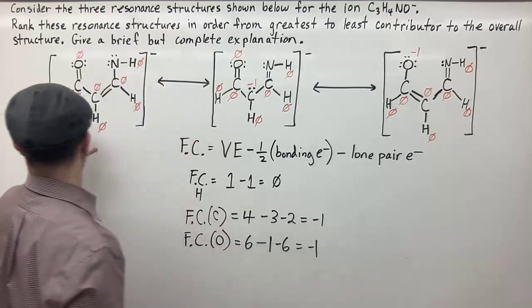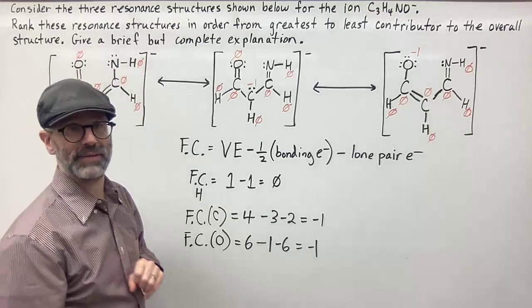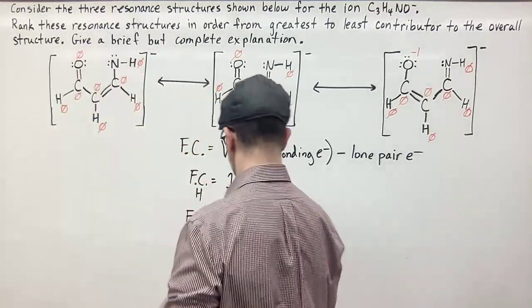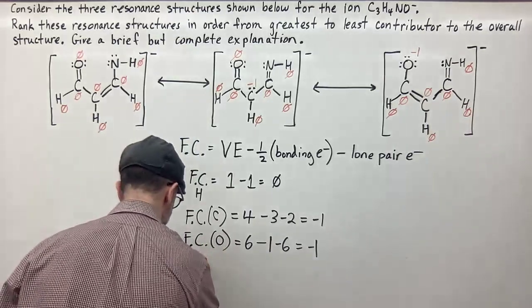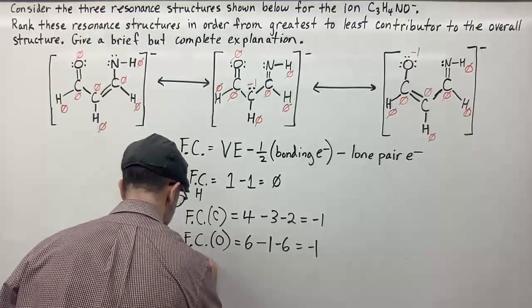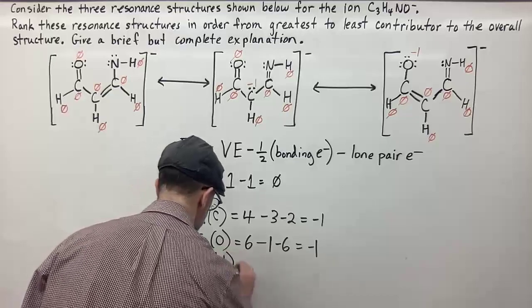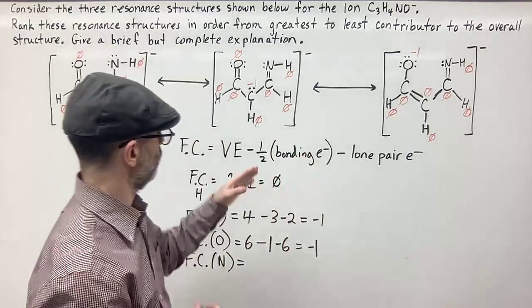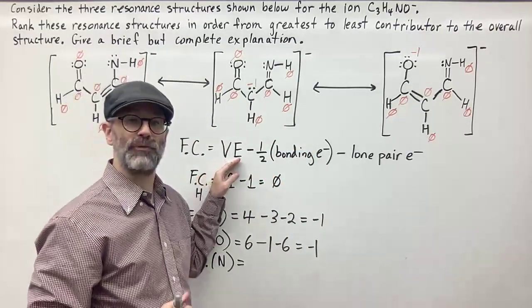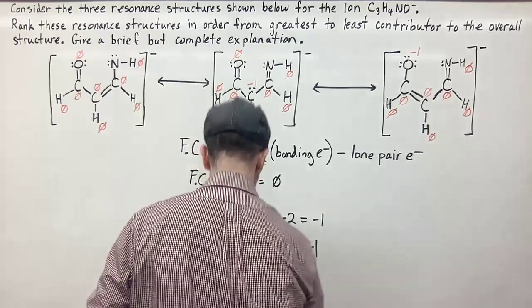Okay, so we've done nitrogen, carbon, oxygen. Now, last but not least, we have the nitrogen. So for nitrogen, the formal charge is going to be, well, starting with the valence electrons, it's in group 5, so it has 5 valence electrons.